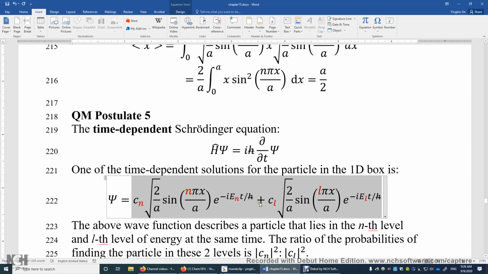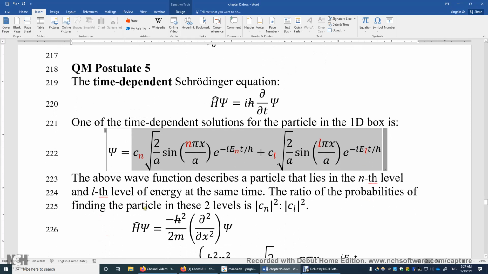Look, it's the sum of a sine function of x and an exponential function of t, and over here, also a product of a sine function of x and an exponential function of t. There's no way to further simplify this. All right?